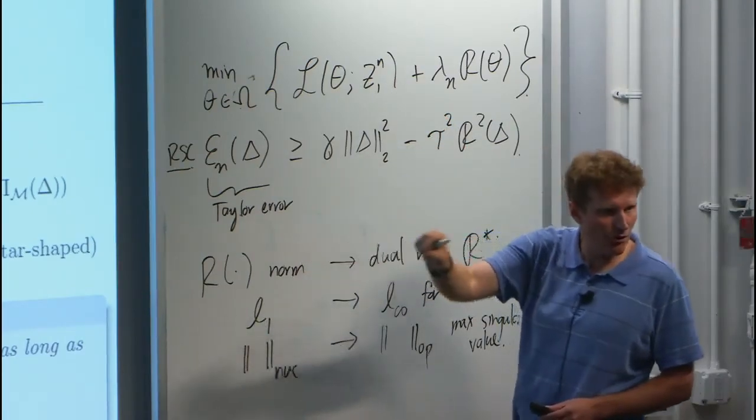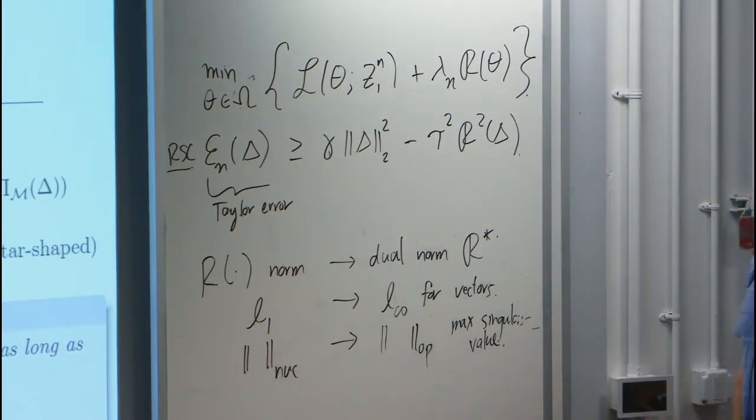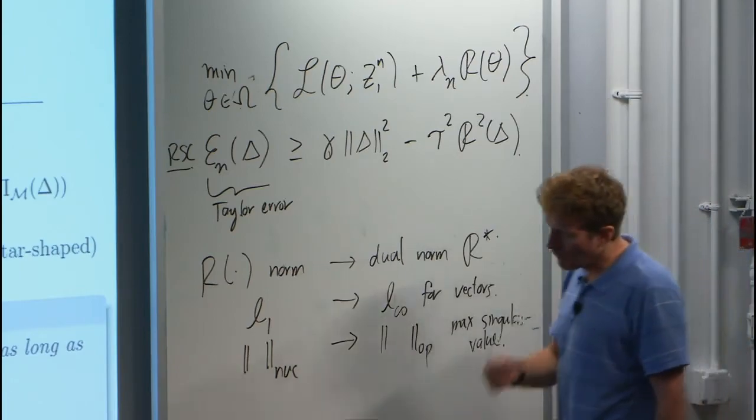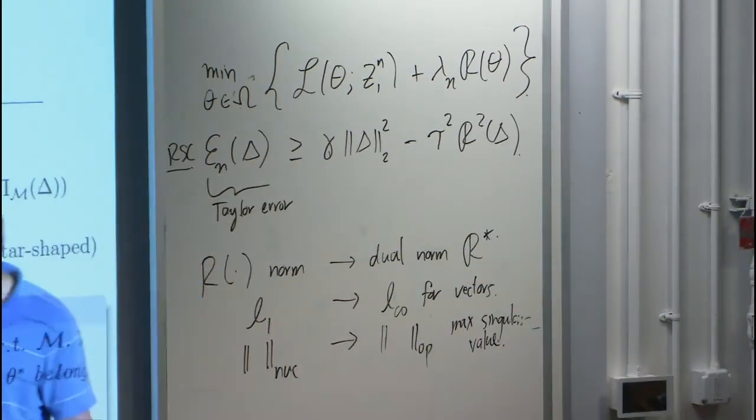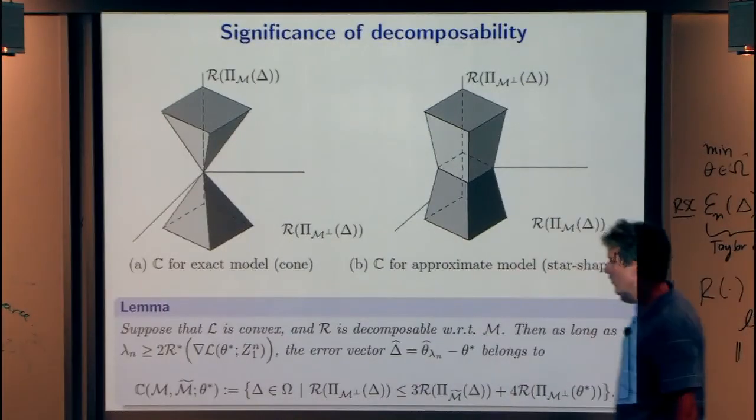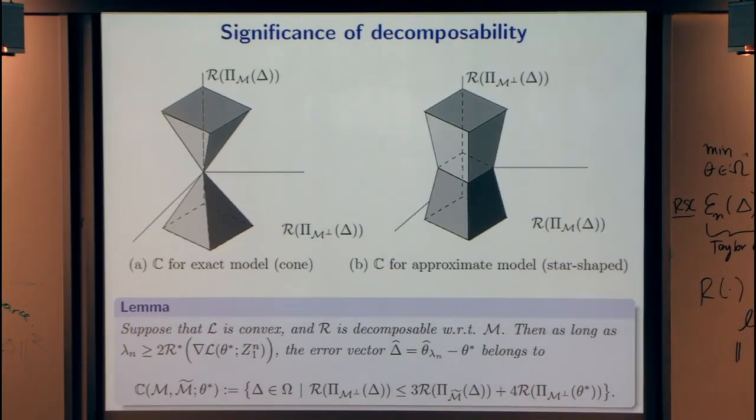So in expectation, the score function, that derivative, should be zero mean. And then you should measure the fluctuations of the score function in terms of the dual norm, and you should make lambda n a little bigger than those fluctuations. And if you do that, then good things happen.